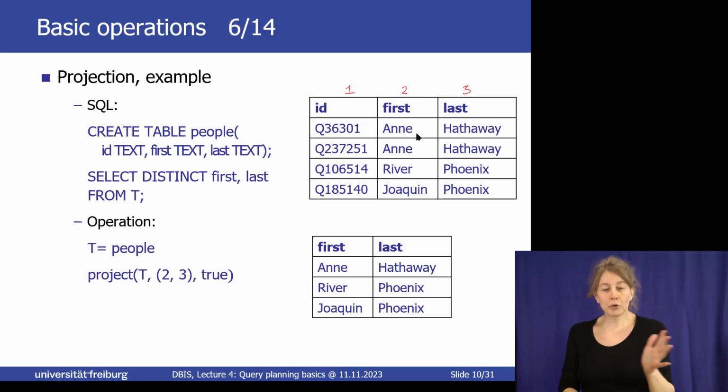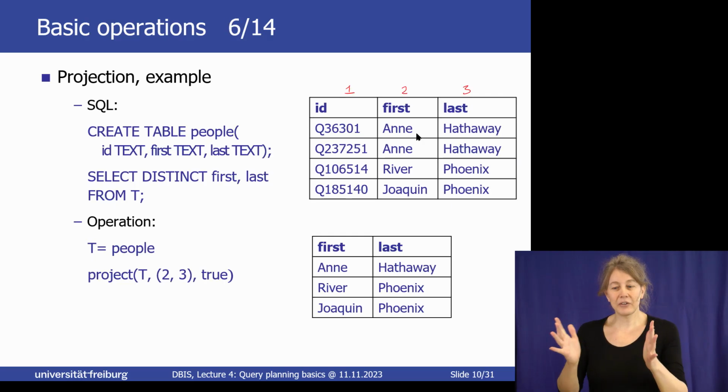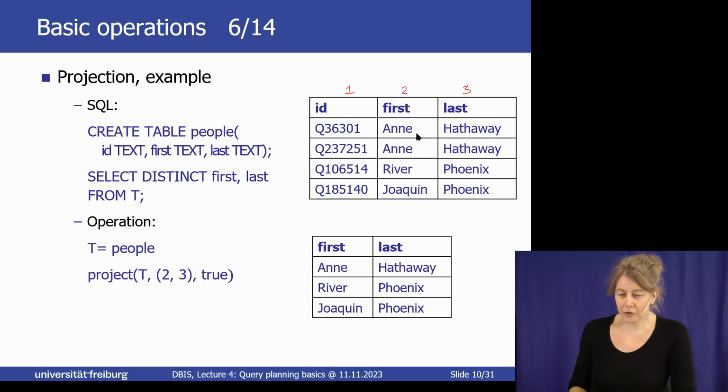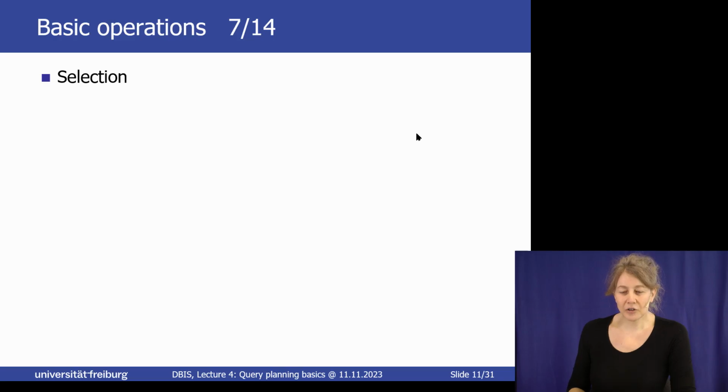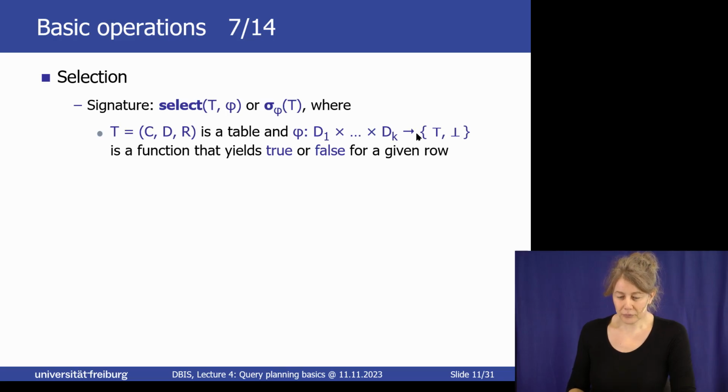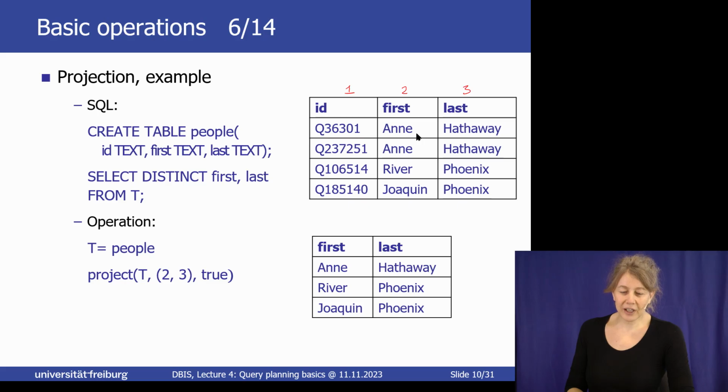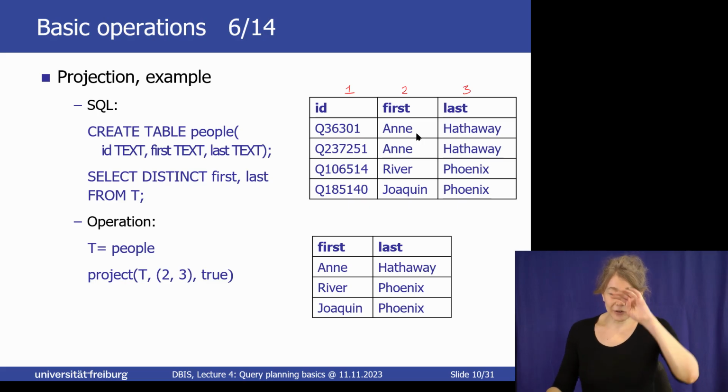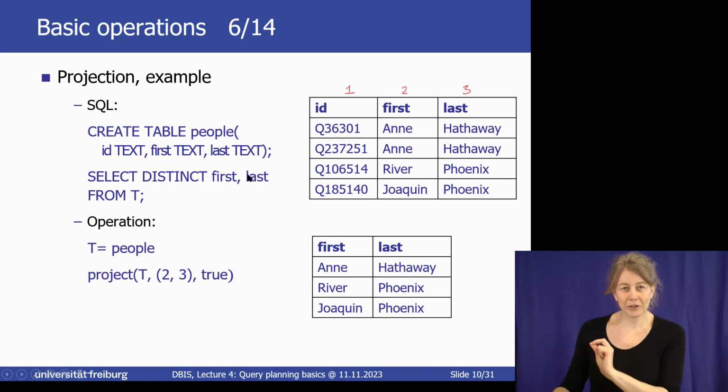Next one. So that's projection. So projection is, you have a table, just give me certain columns, distinct or not. The next one is selection. And it's very confusing. You might see that already now. It's called project, but this is actually the select part of the SQL query, right?